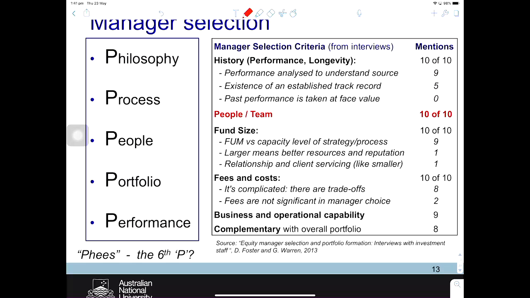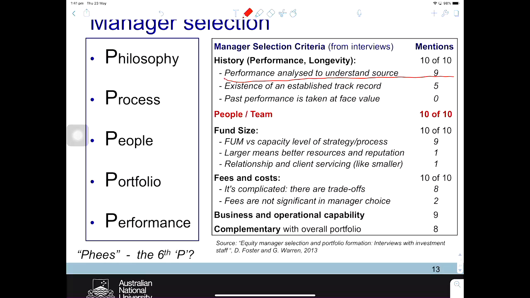First of all, historical performance. Performance is analyzed to understand its source. Do they select managers based on the best historical return? No, they do not.